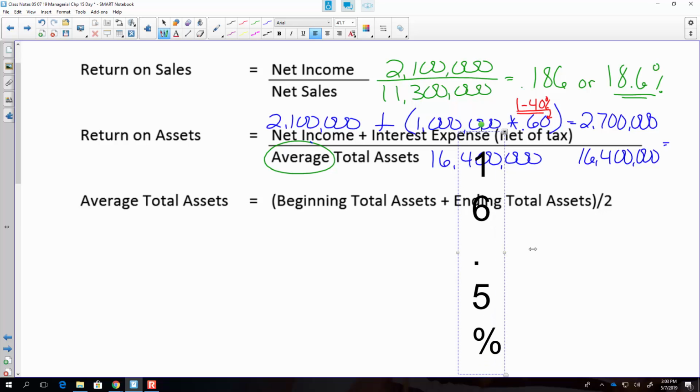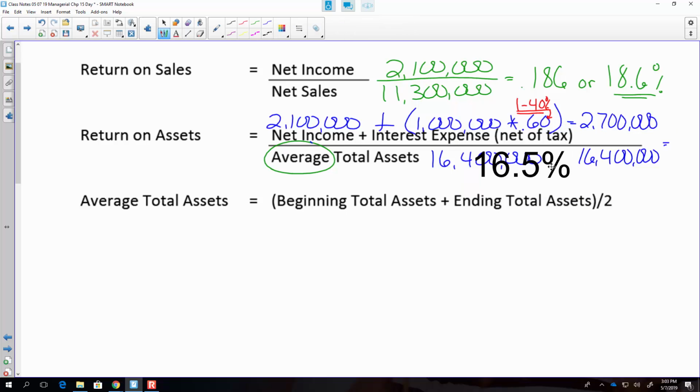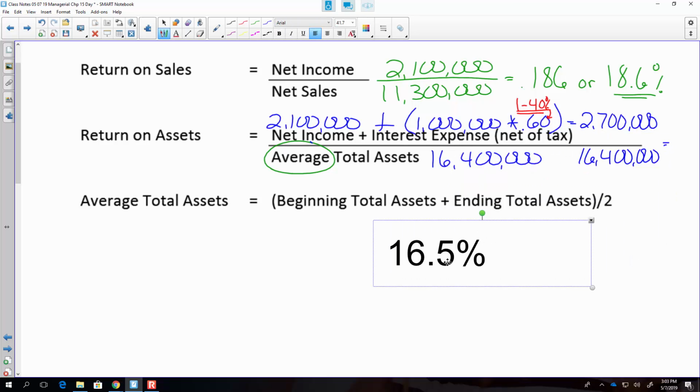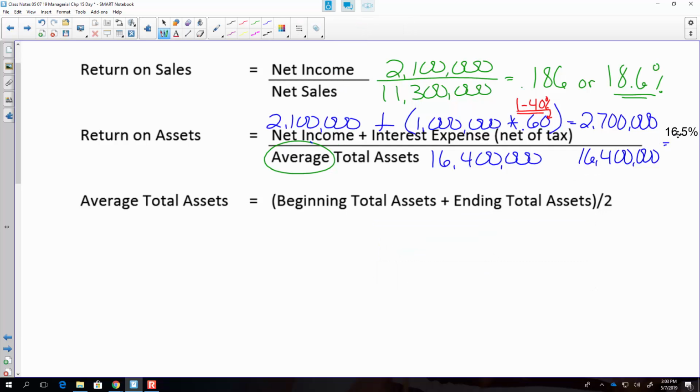Come back. Stop. My board's going crazy, guys. All this technology. Does that look okay, guys? 16.5, everybody get that? Stuck it on the end. I gotta save what I got because I don't want to lose it.